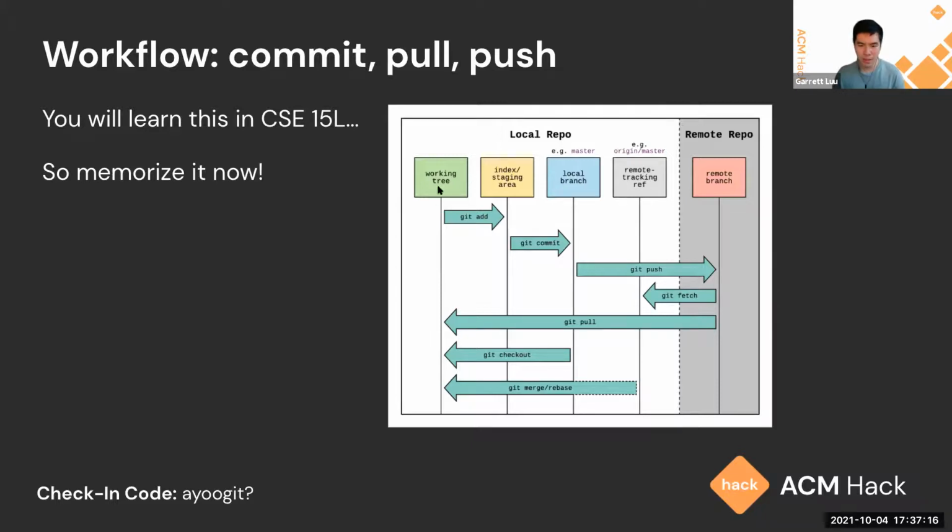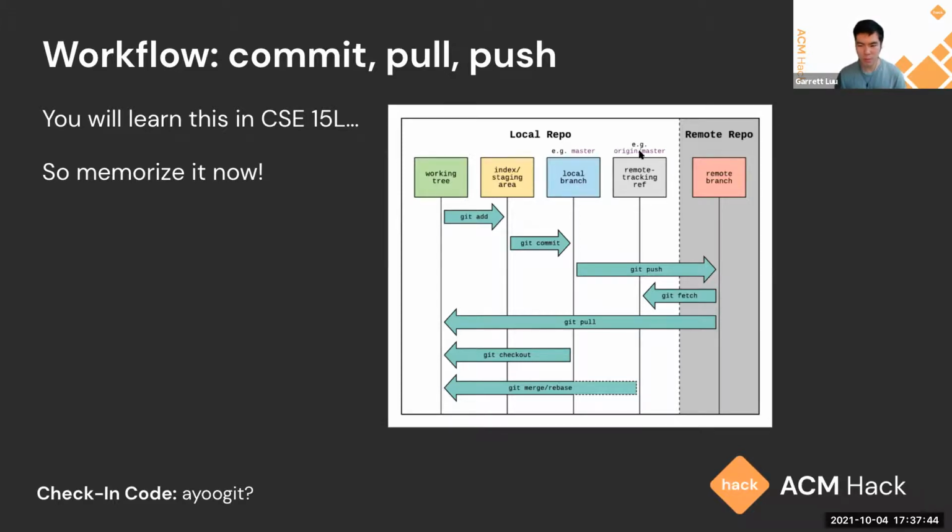Then the index staging area is where the files end up when you do git add. Running git commit is what commits these changes to your branch, and git push is what pushes it to the remote branch. You also have this intermediate stage, the remote tracking ref, which keeps track of what's going on in the remote branch, but on your computer.